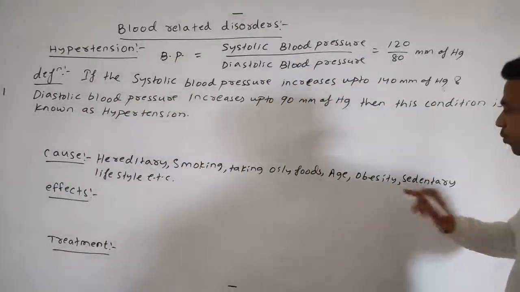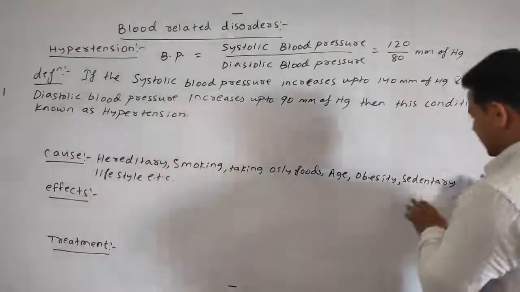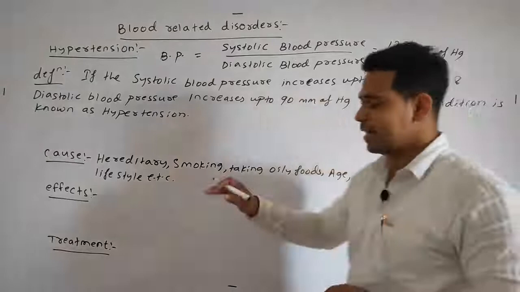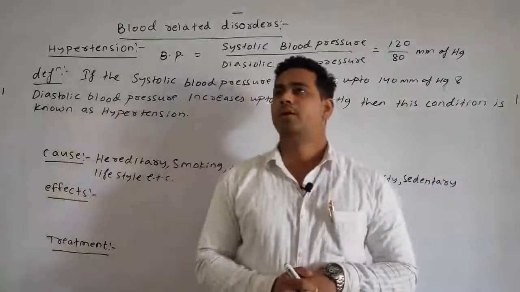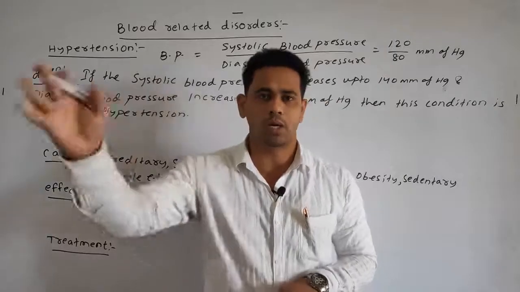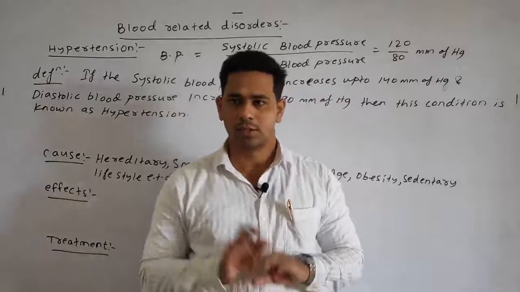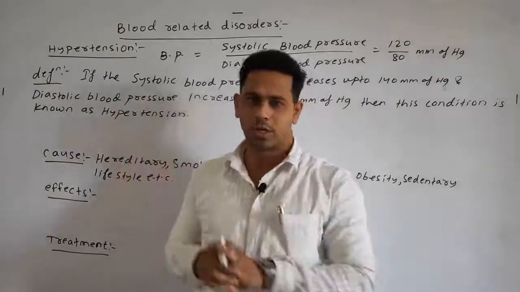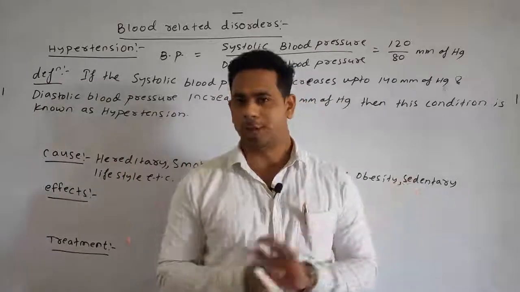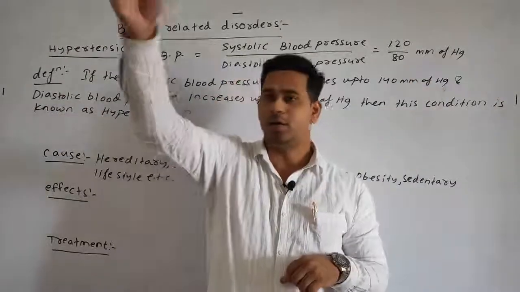Next, obesity also. Obesity means having lots of fat. Next, sedentary lifestyle. Sedentary lifestyle means what, students? Suppose you see a shopkeeper owner. What does he or she do? Simply sits on the cash counter. He does nothing, he tells bring that, do that.